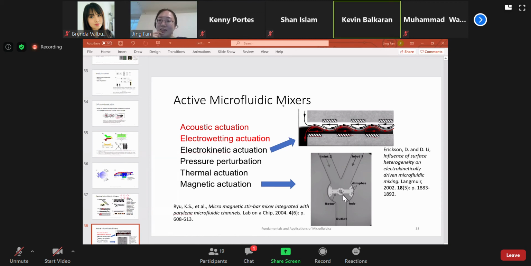We have two fluids with different concentrations of some solutes. Does viscosity play a factor in that? Viscosity, yeah, any fluid has viscosity.